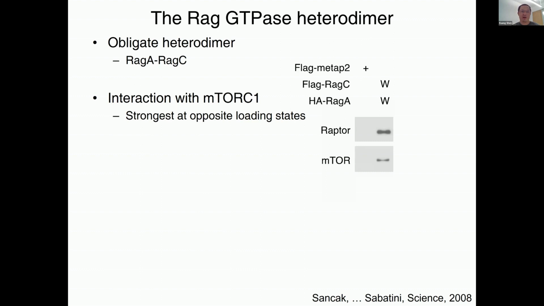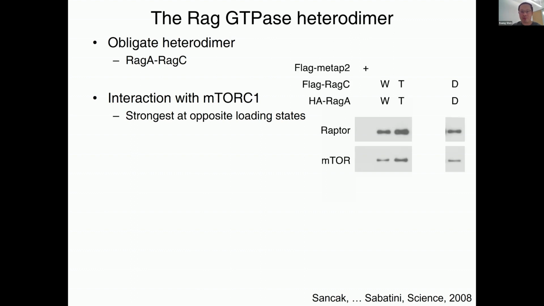If we transfect the cells with wild-type Rag A and Rag C, we can see that a certain amount of mTORC1, here shown by the two subunits, Raptor and mTOR, is associated with the Rag GTPase. If we introduce point mutations on this Rag GTPase to force both Rag A and Rag C to bind GTP, we can see that there are some changes, but really not a lot. And so is the case when we force Rag A and Rag C to bind GDP.